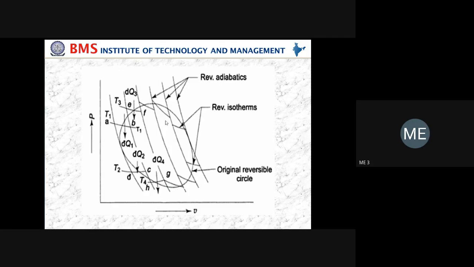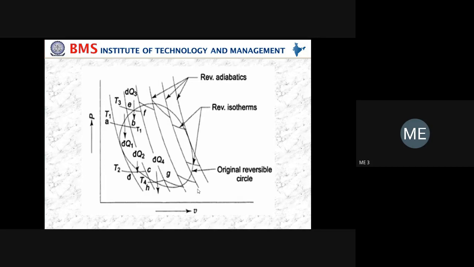Just start with a circle, any circle, or an oval shape, whatever it is. Next you draw the adiabatic lines properly. That's why you should practice this diagram. Take one paper and draw it. Then cut at the top and bottom by means of reversible isothermal processes.